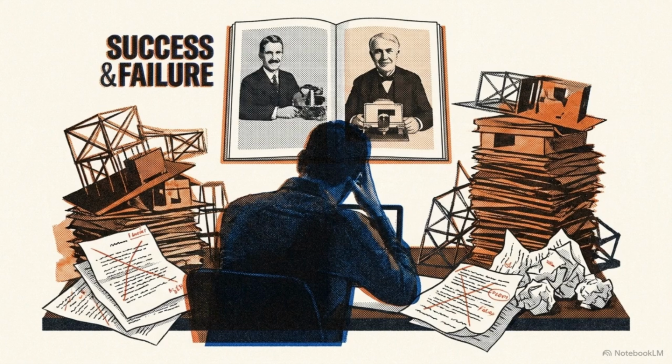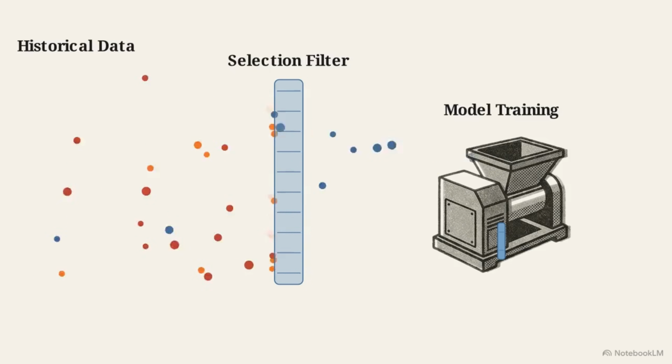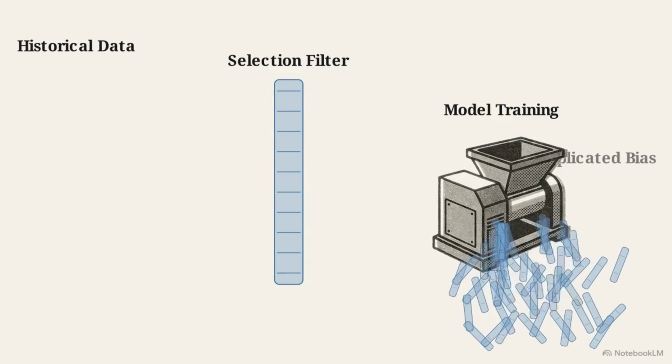By hiding the missing bullet holes of scientific failure, education sets an impossible standard where healthy, productive struggle is mistaken for inadequacy. In machine learning, this is the good model trap. Algorithms are trained on successful historical data, teaching the machine to replicate the filters of the past.